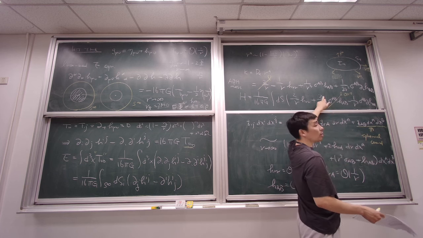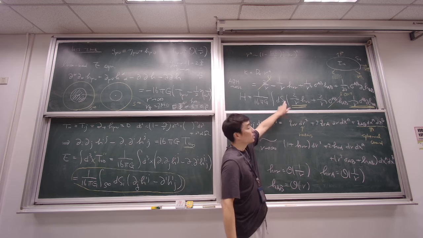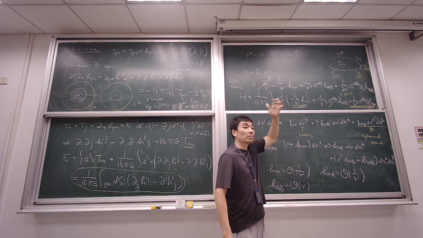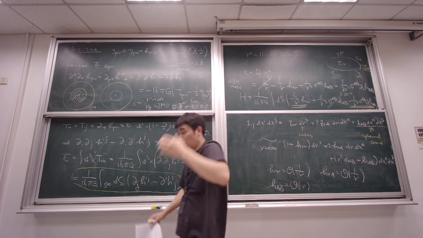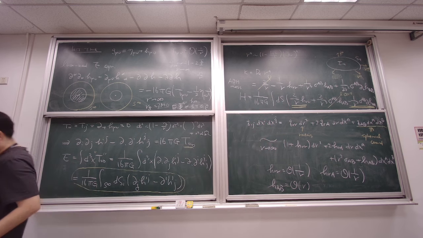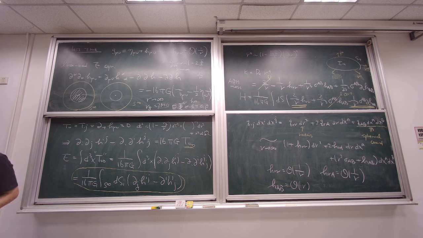If you do the computation for Schwarzschild and assume this metric behavior, you will get exactly the same ADM mass. So this is the upshot of the ADM mass.